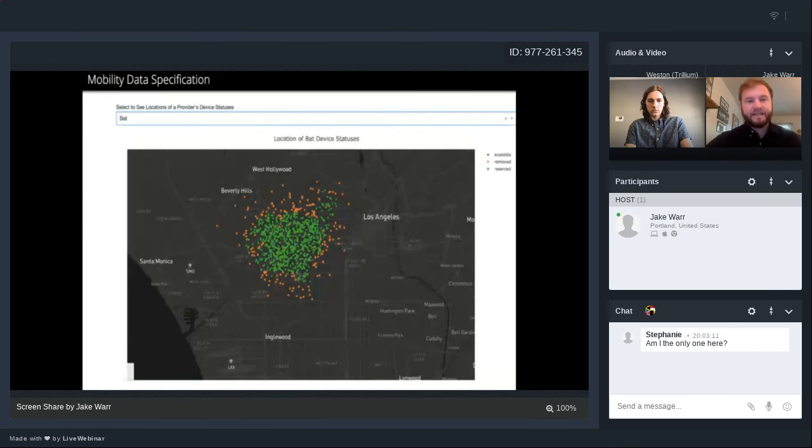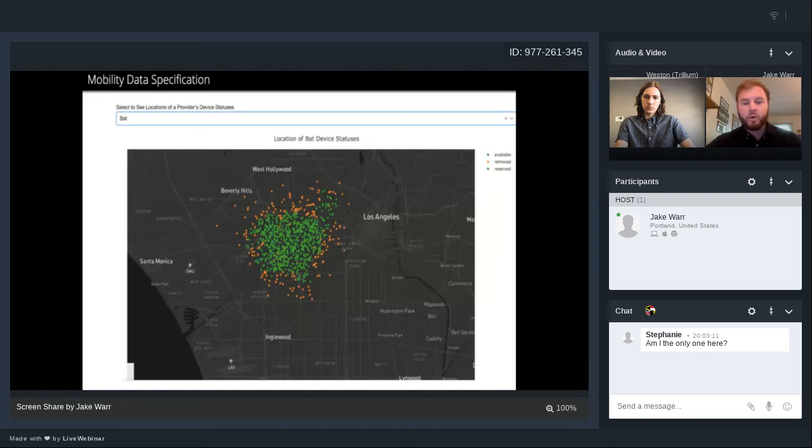MDS, the Mobility Data Specification, on the other hand, as I said, it's agency-facing, and this is an example of what the LA DOT's dashboard has. So they're able to pull in MDS data and see, for example, here, not just where vehicles are available, but where they have been taken from, which ones are currently reserved.